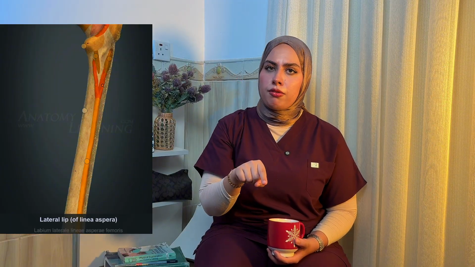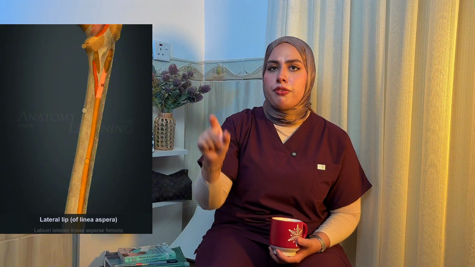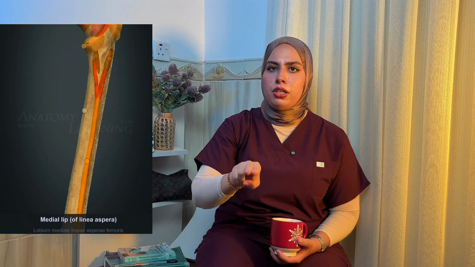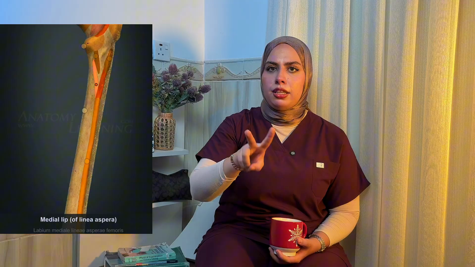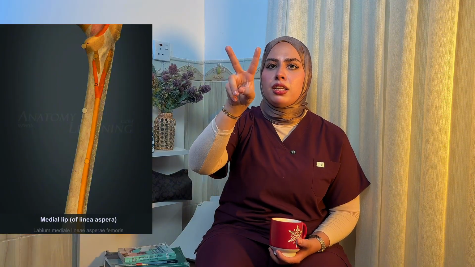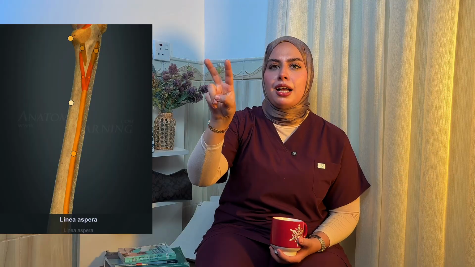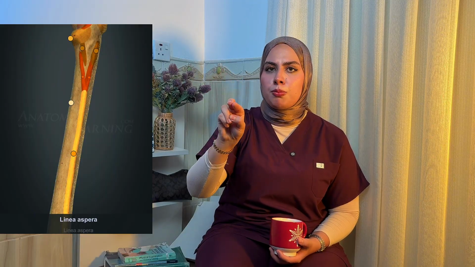So we talk about the lines on the posterior surface. On the posterior surface, we have two lines that come together and then later detach. Before they come together, we have the medial lip of the linea aspera and the lateral lip of the linea aspera.